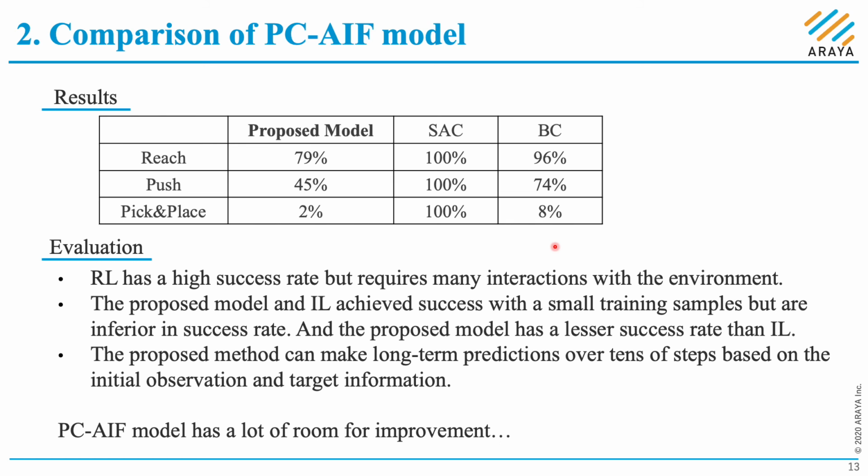Also, the proposed model has a lower success rate than IL. RL and IL require information about the environment at every step, but the proposed method can make long-term projections over tens of steps based on initial observations and target information. The results show there is much room for improvement in PC and AIF models.